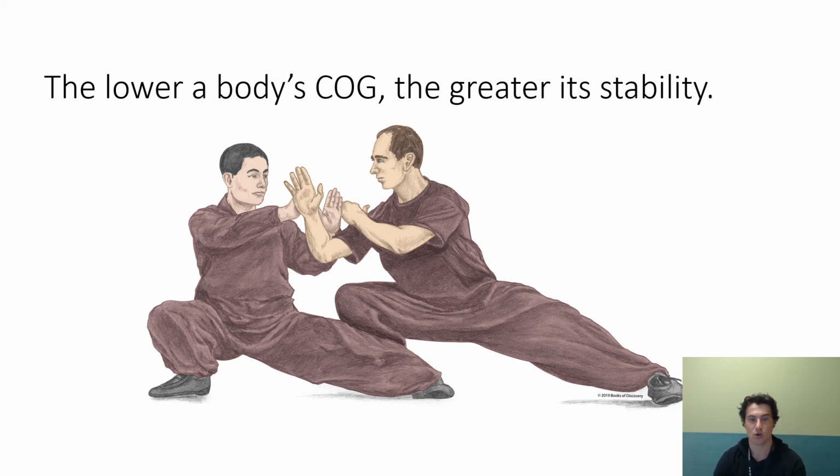If you were to be pushed over by somebody, standing up really tall compared to crouching down really low, having a higher center of gravity is going to be less stable, so it takes less force to push you over compared to if you were down low. Think about riding a skateboard or a surfboard: a strategy for beginners to increase stability is to crouch down.